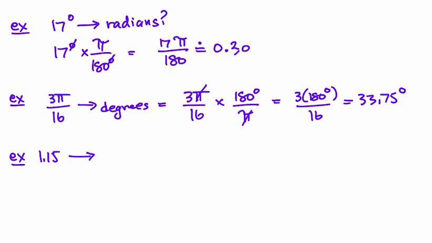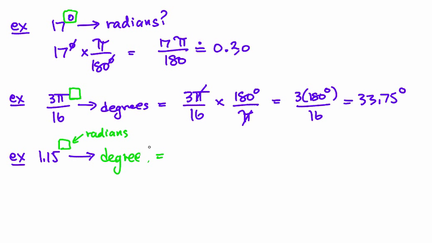And one last example for you. And these are the ones that people find tricky. 1.15. Is it going to degrees or is it going to radians? Well, does it have a degrees symbol? Because if it has no symbol, it's in radians. So no symbol means you're in radians, which means I want to know how to make this into degrees. That's the hardest part of these questions.